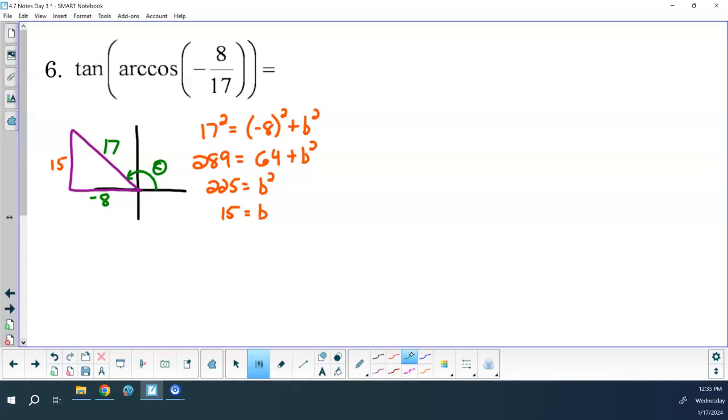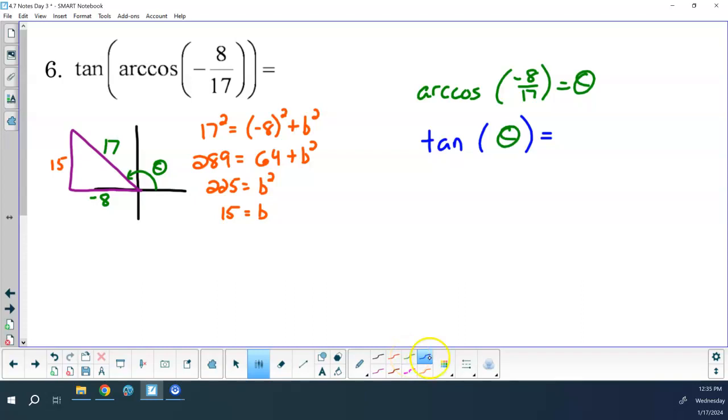So the arc cosine of negative 8/17 is going to give me theta. The tangent then of theta is going to be the opposite, which would be 15, over the adjacent, which would be negative 8.